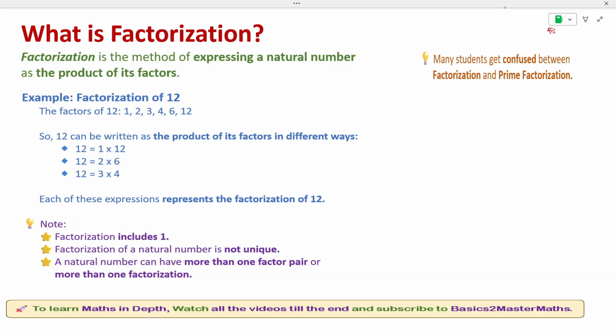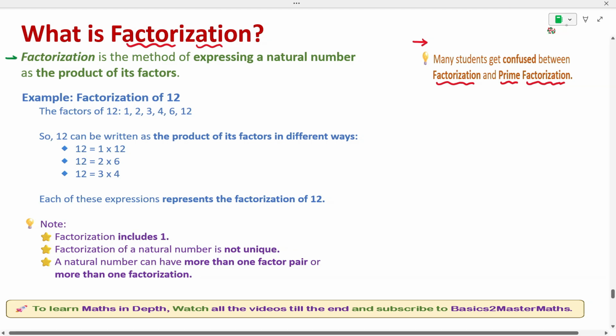Today, we will see what is factorization. Many students get confused between factorization and prime factorization. Let me clarify the difference.